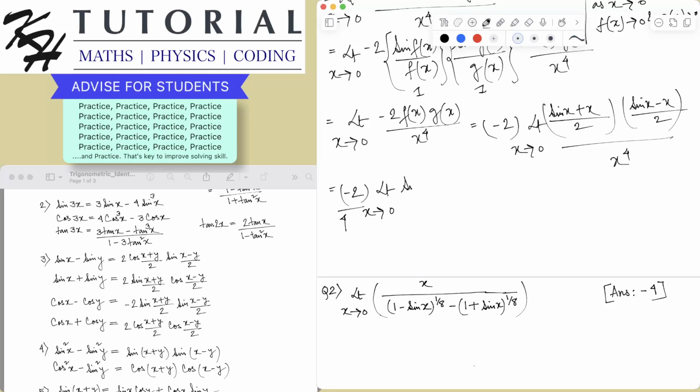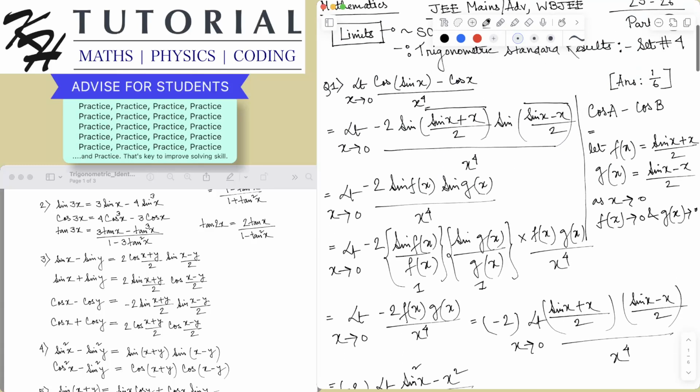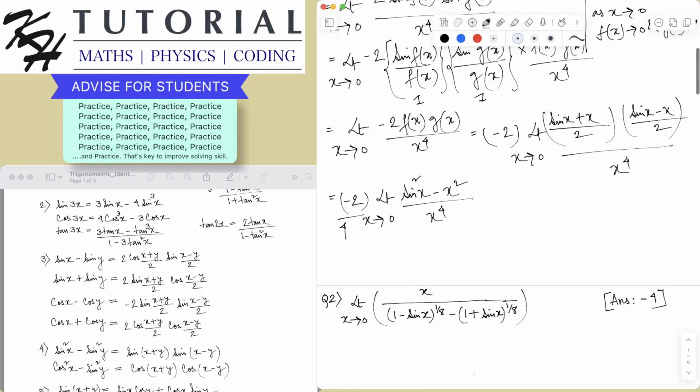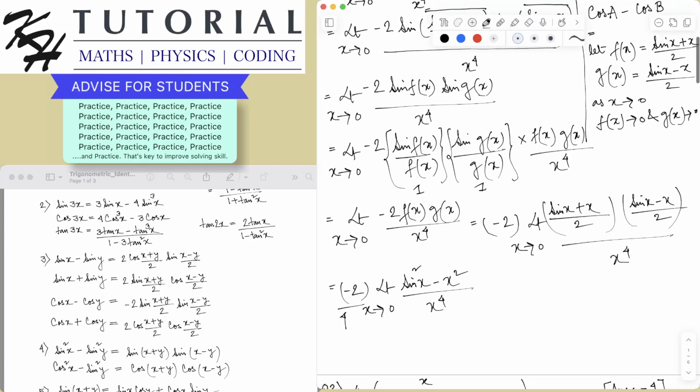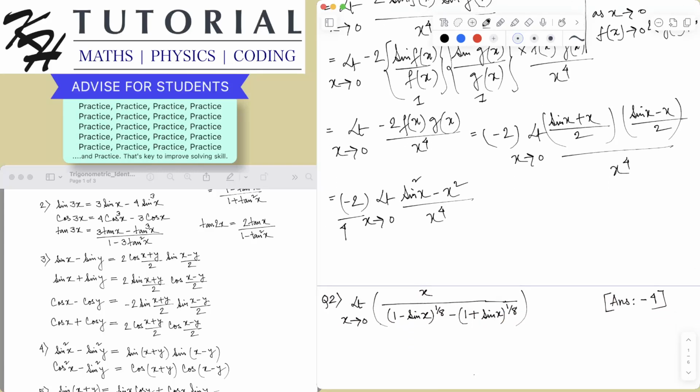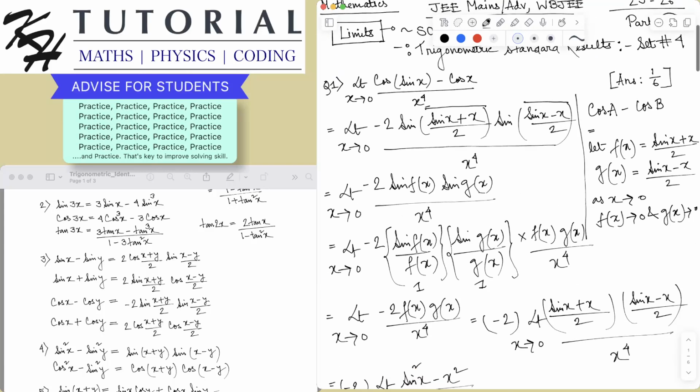So this is sin square x minus x square, divided by x to the power 4. The answer is 1 by 6.